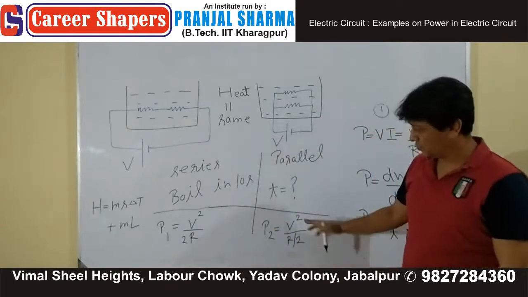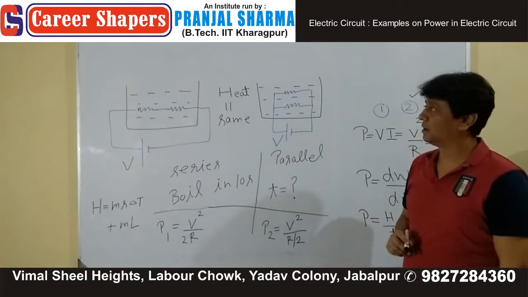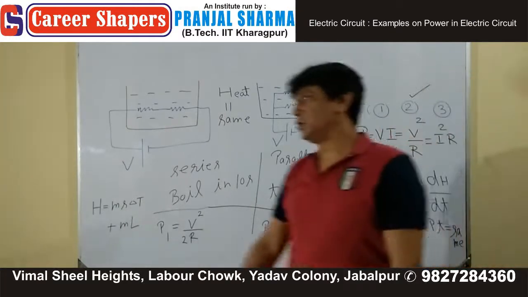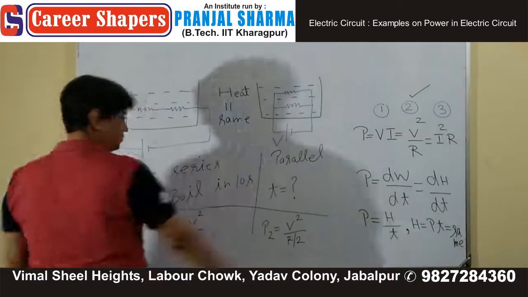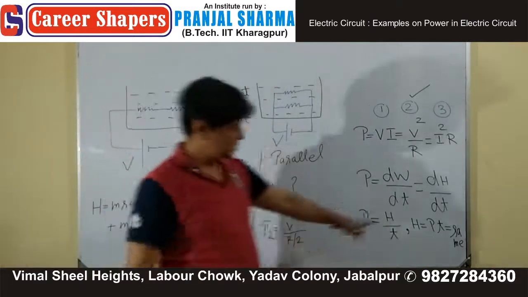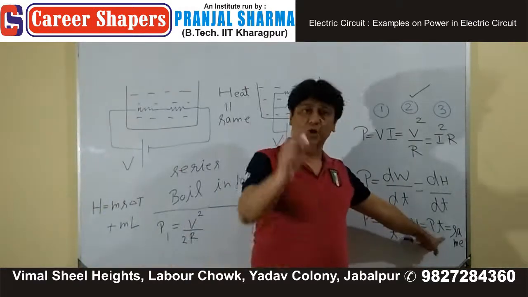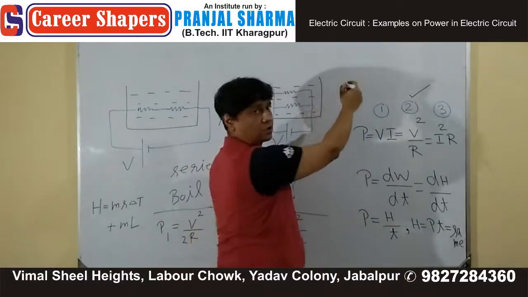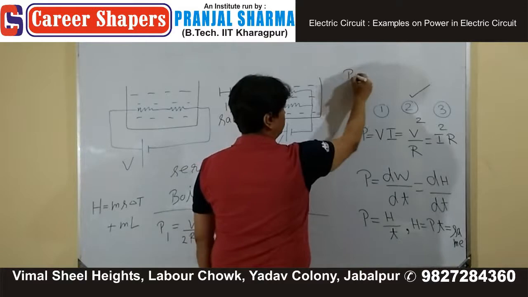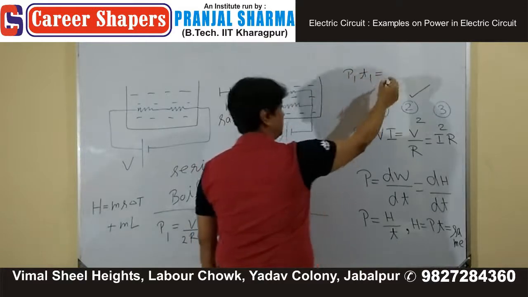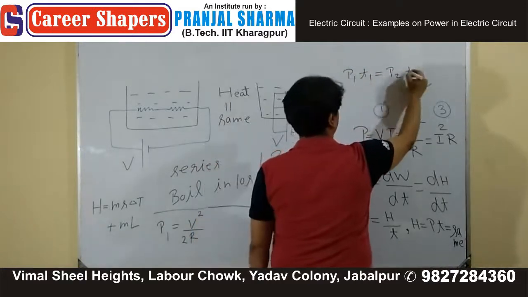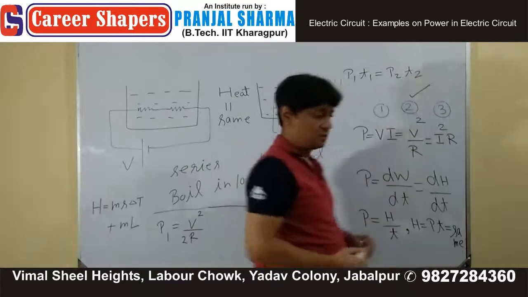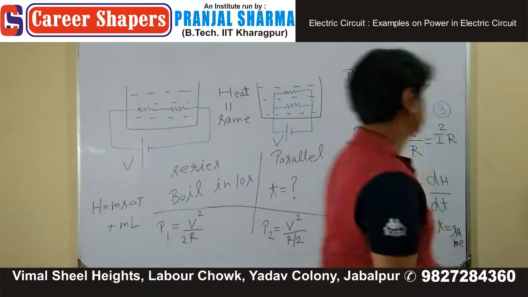In parallel, V square upon 2R. The moment you have decided P1 and P2, product is what? Same. Therefore, let's talk about the product now. P1 T1, P2 T2. That's how you answer this.